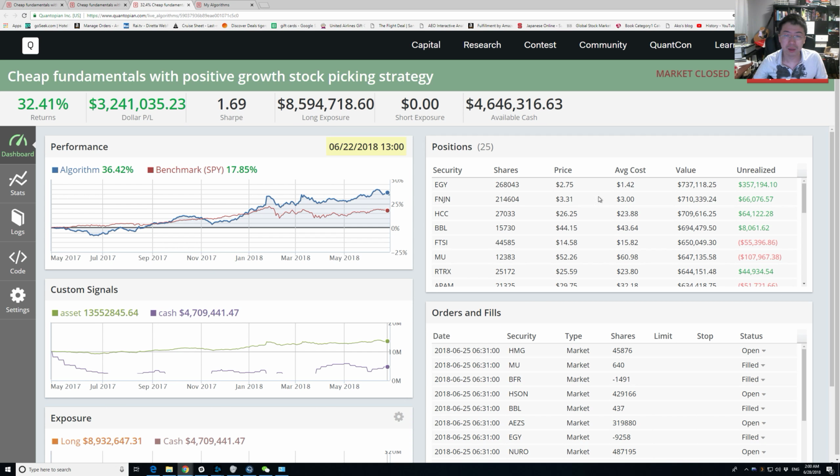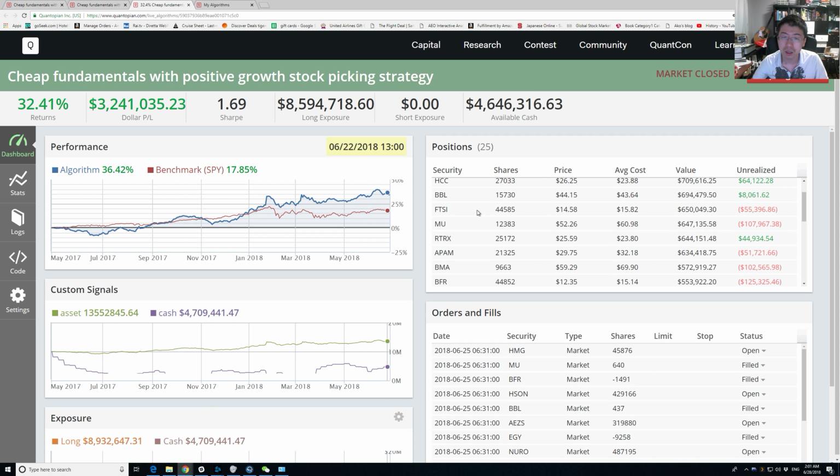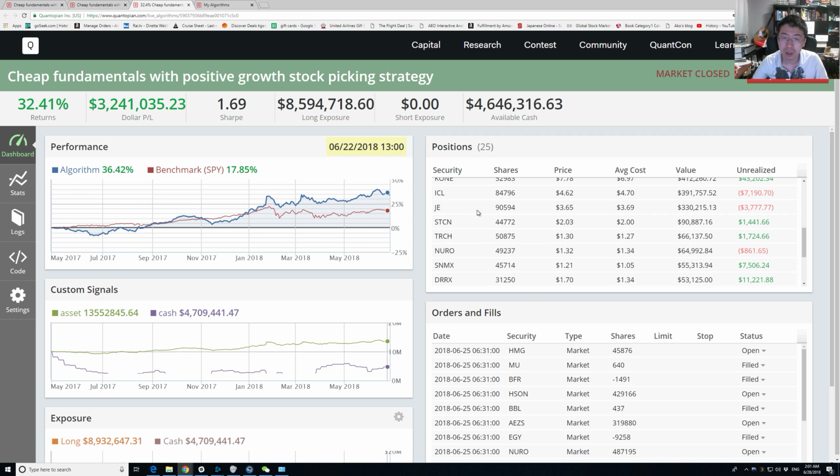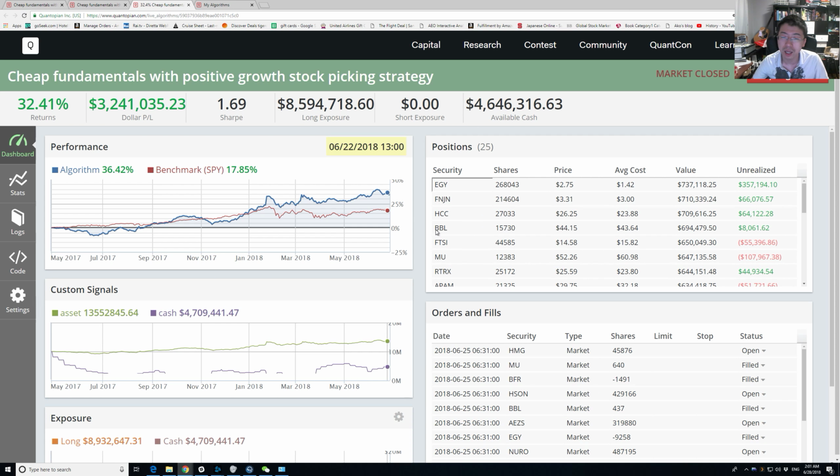So let's look at the positions that this thing's currently holding. I actually walked through some of them, and by pure chance, my actual portfolio contains one, I think. Let me just check. Yeah, it contains one. It contains BBL.